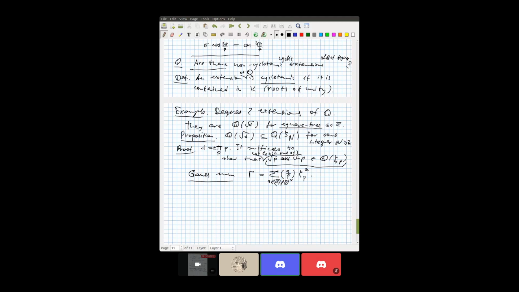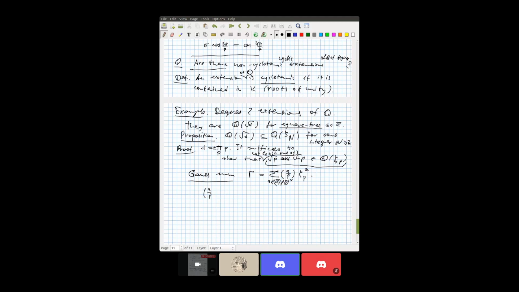Okay. Now let's try to calculate gamma square. What is the Legendre symbol?